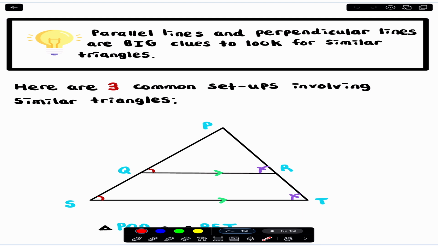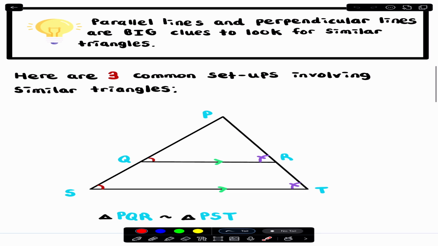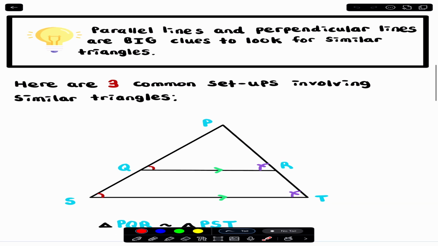So whenever you see parallel or perpendicular lines, you can bet there are some similar triangles going on. And why is this? Well, as we're going to see later on in the document and with the problems that follow, a lot of times when we have parallel and perpendicular lines, what we've got going on is equal angles. And equal angles is the same as AA similarity, which you should already be familiar with. So that's the reason why.